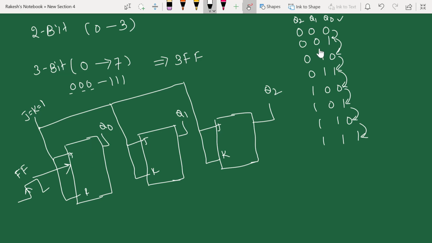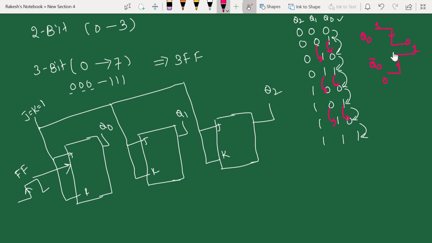Now if you look, the second flip-flop is toggling whenever your first flip-flop goes from 1 to 0. Whenever Q0 is moving from 1 to 0, your Q1 toggles. When your Q0 moves from 1 to 0, your Q0 bar will move from 0 to 1.